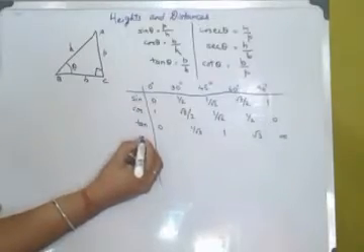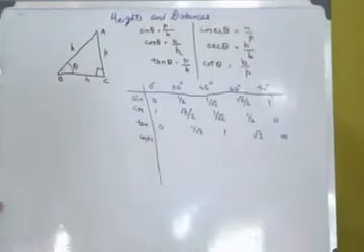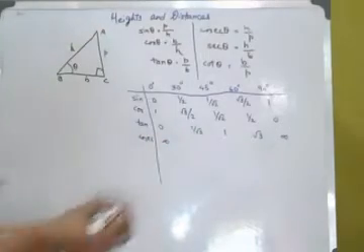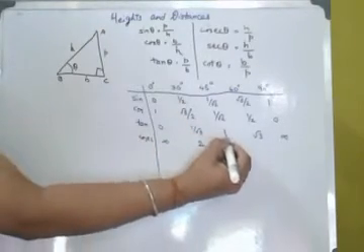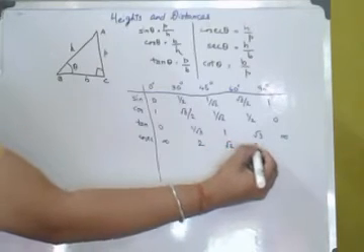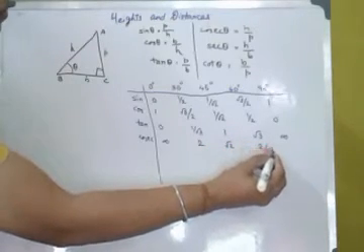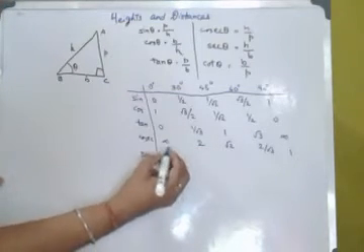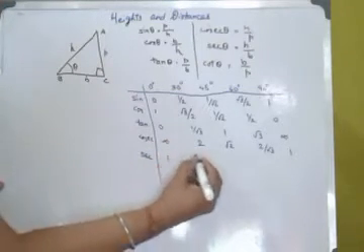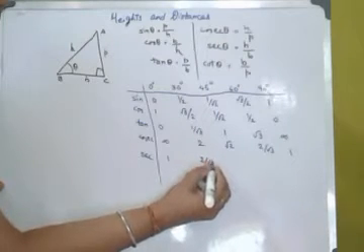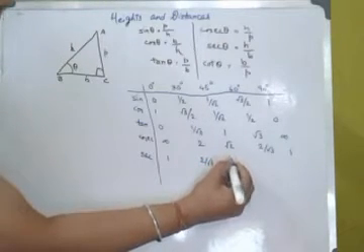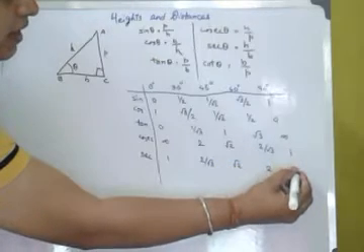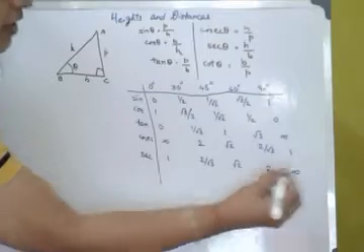Now cosec is the reciprocal of sine. So cosec 0 is undefined, cosec 30 is 2, cosec 45 is root 2, cosec 60 is 2 by root 3, and cosec 90 is 1. Sec 0 is 1, sec 30 is 2 by root 3, sec 45 is root 2, sec 60 is 2, sec 90 is undefined.